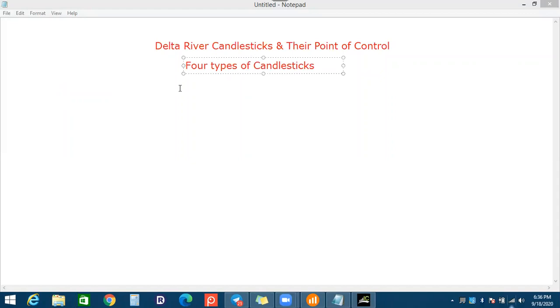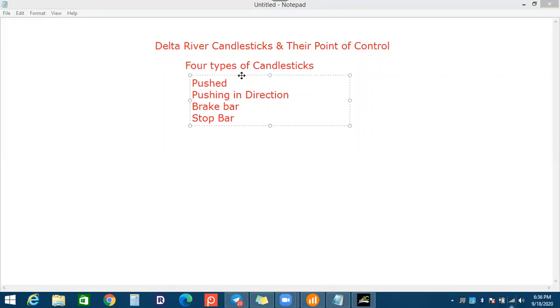The number 1 is the pushed bar, for bearish candle also, and for bullish candle also. Pushing in direction. Break bar. Stop bar. Okay, so these are only 4 candles.